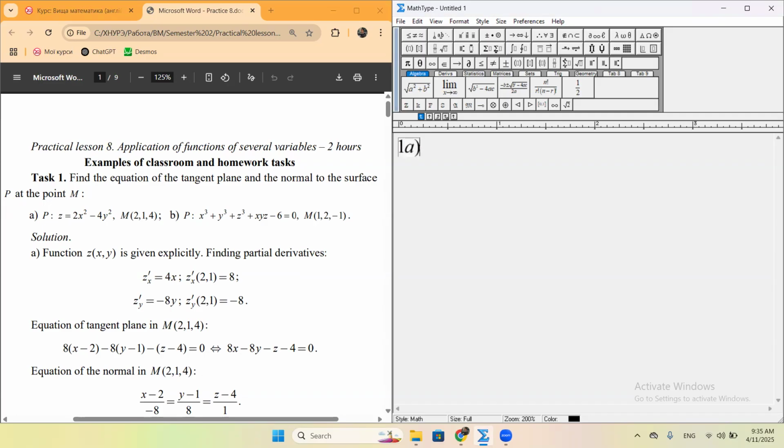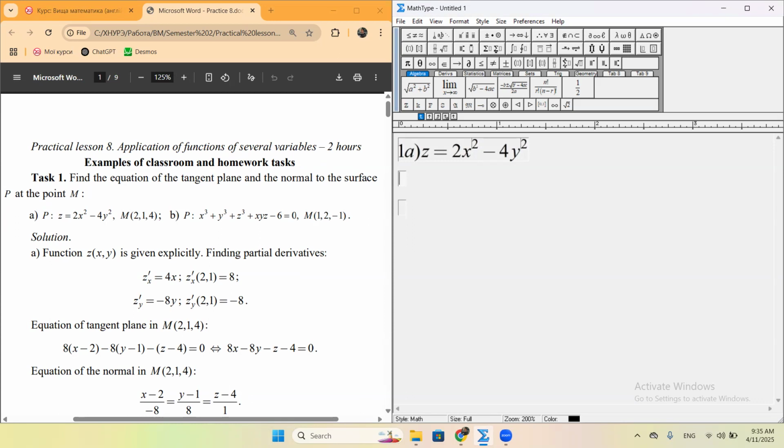So 1a, we have the following function, z equals 2x squared minus 4y squared. And how to write down the equation of the tangent plane?